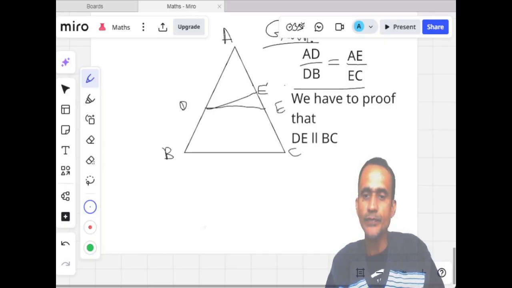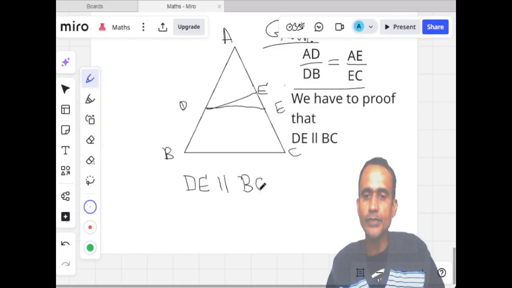So we assume that DE is not parallel to BC, but we have DE dash, so DE dash is parallel to BC.